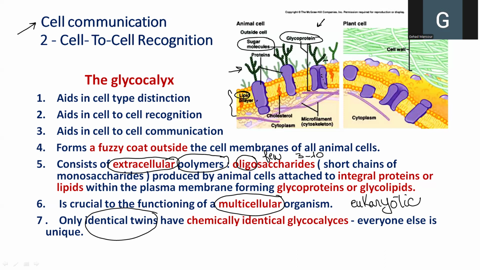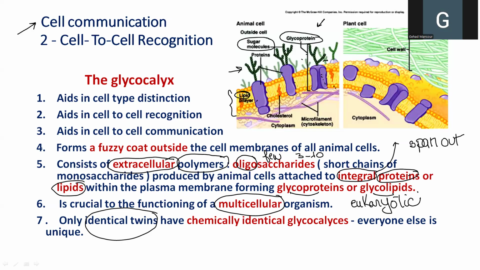And these oligosaccharides, the green ones you see here, are produced by the cell itself. And they are attached either to a protein to form a glycoprotein or to a lipid to form a glycolipid. So they are attached to proteins or lipids to form glycoproteins or glycolipids respectively. If they are attached to proteins, as you see, they are attached to integral proteins, and integral means that they span the thickness of the cell membrane.